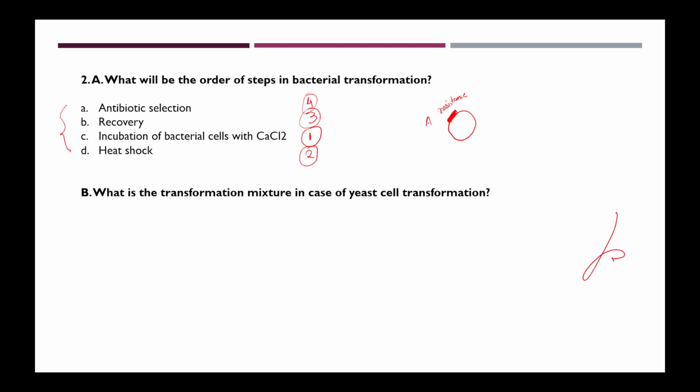Suppose we have an ampicillin resistance gene on this plasmid. If we put it inside a bacterial cell, then this bacterial cell can grow on an LB plate which has ampicillin, and the cell which has not taken up this plasmid will not be able to grow because it doesn't have any cope-up mechanism against ampicillin.